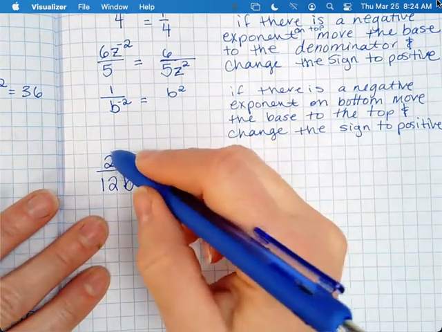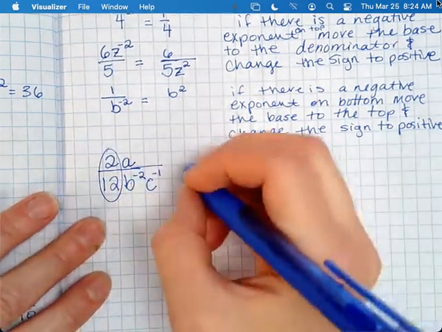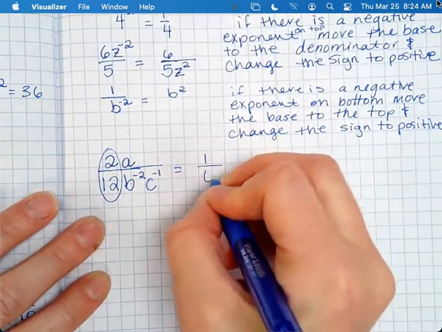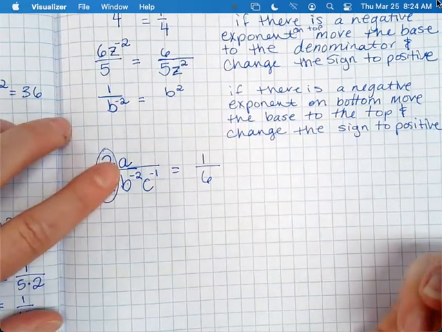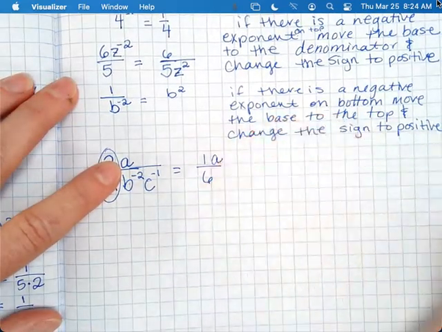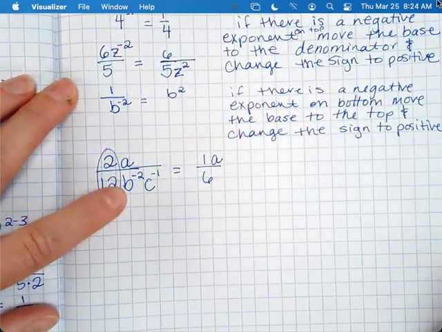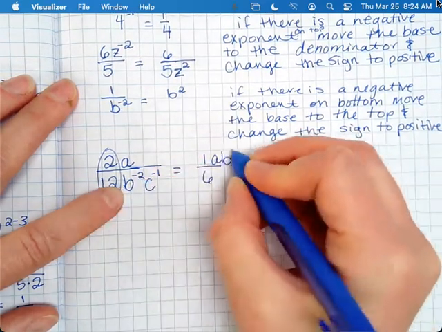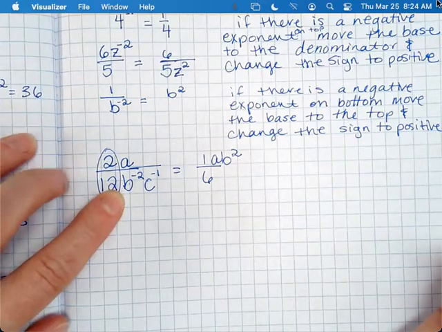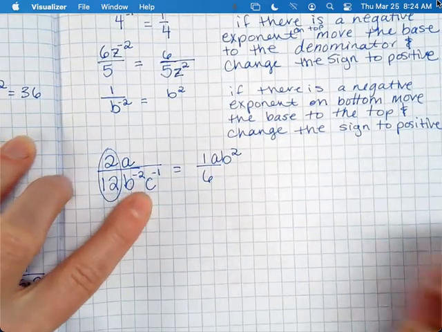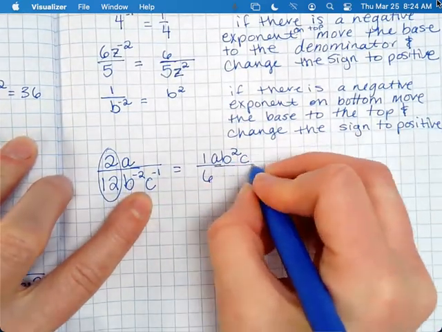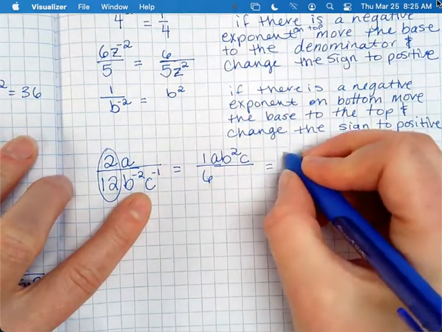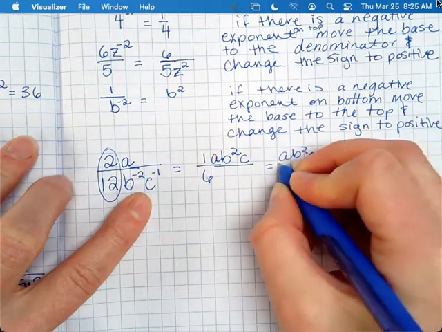So we will simplify the 2 over the 12. What does that equal? 1/6. So 1 over 6. A, we can't do anything there. What about b? Yeah, we need to put this up top, so it'll be b squared. And what about c? Put it up top. That means we really don't need this 1 anymore. We can just put a b squared c over 6.